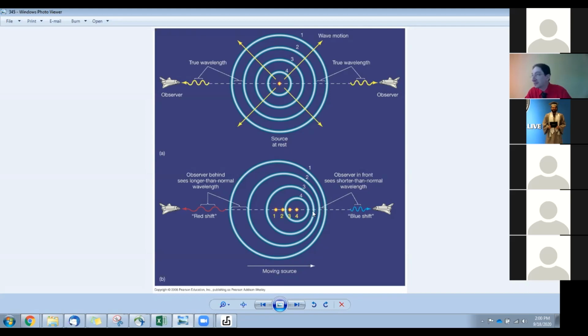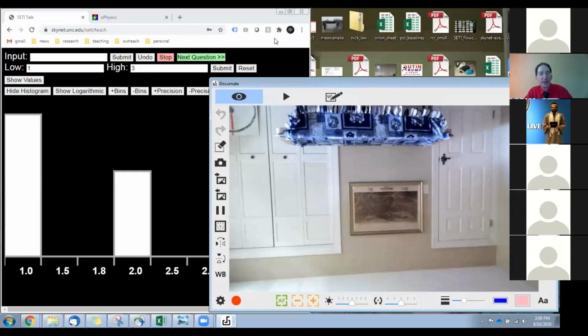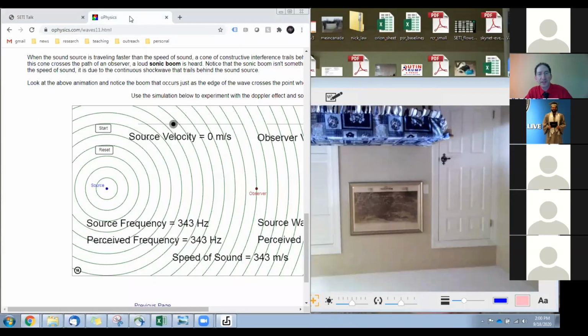Shorter wavelengths will be received, which means higher frequencies. For light, that's a bluer color. For sound, that's a higher pitch. In the other direction, they get stretched out, and so longer wavelengths, lower frequencies, a redder color, and with sound, a lower pitch. I think I have a web simulation here of this.